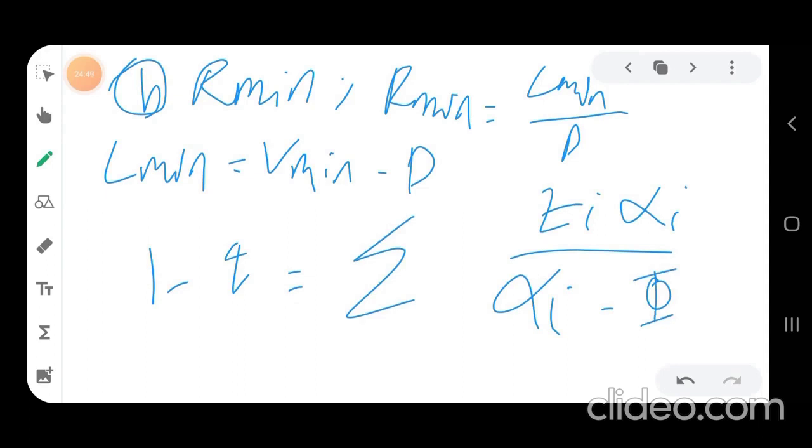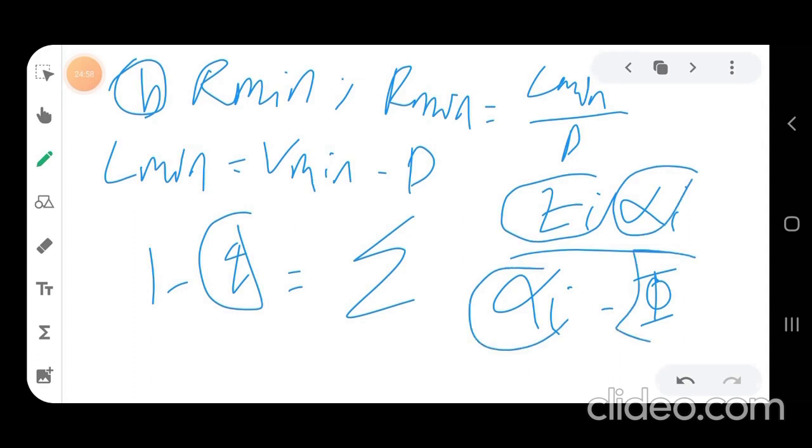What's q? It is 1, and of course we have all the values of z and alphas. All values of alphas we already calculated, so we can use a solver to get this phi.